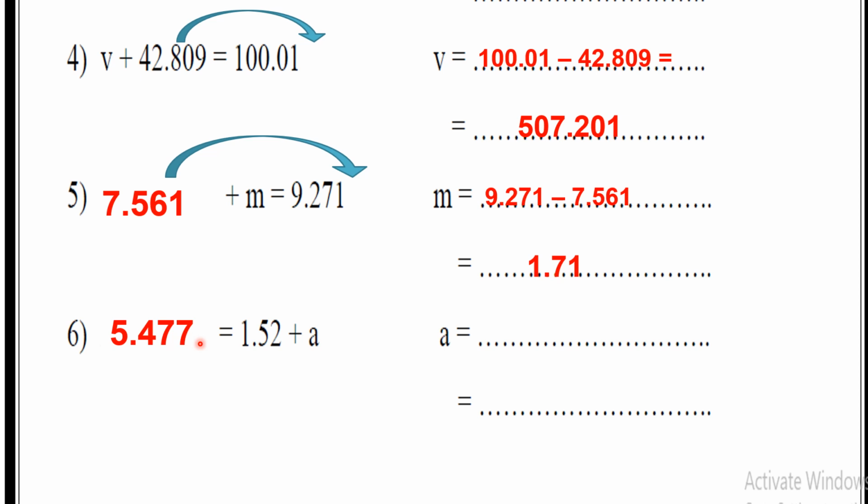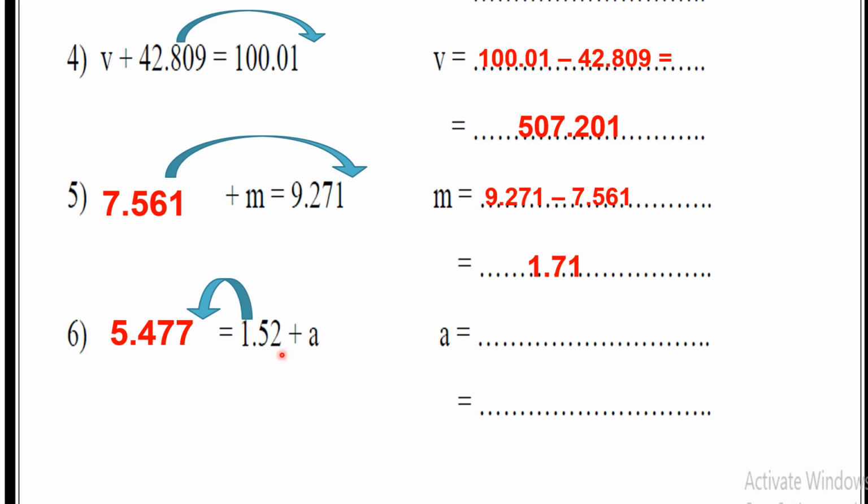2.377 plus 3.1 equals 1.52 plus a. The same as the previous example. Here I have plus, so let's solve the question first. If we calculate 2.377 plus 3.1, it will be 5.477.